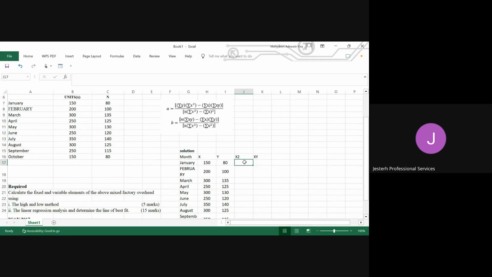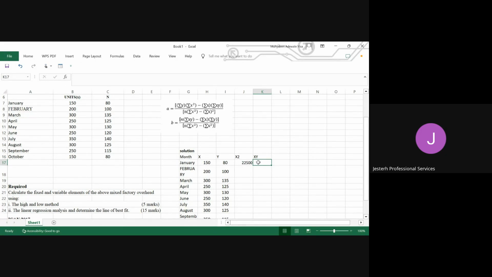Number one is we should calculate for X squared. Our X is 150. If you have a calculator with you, 150 raised to the power of 2 is going to give you 22,500. That is the X squared.